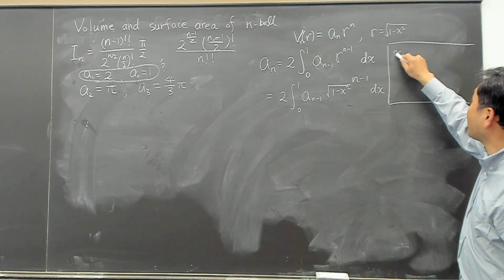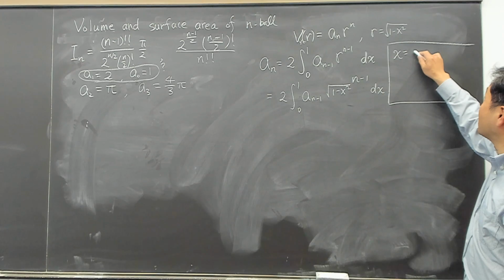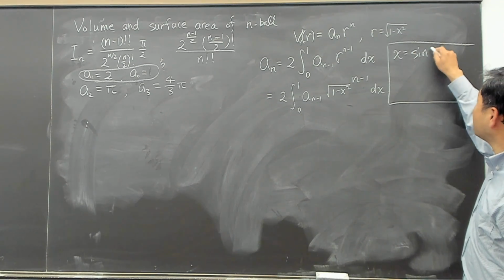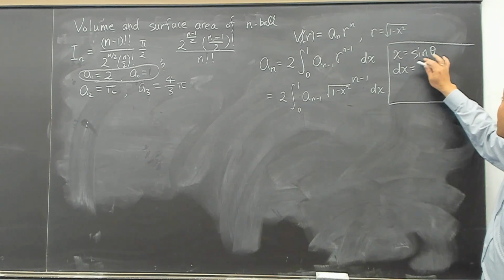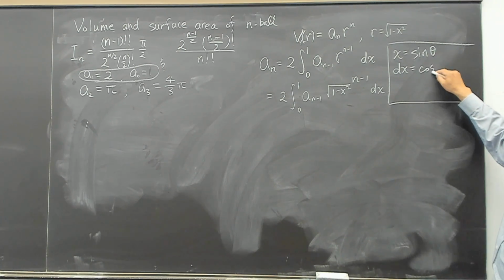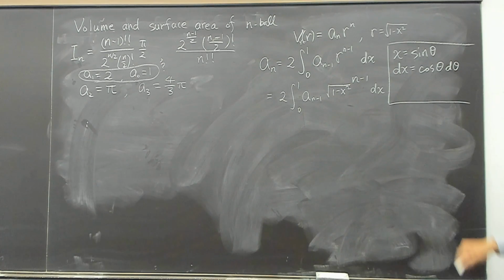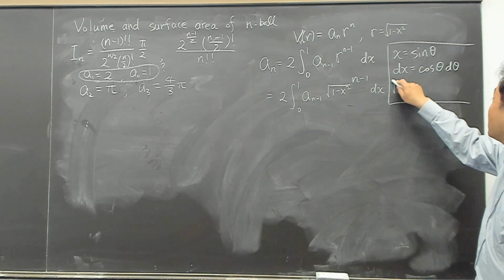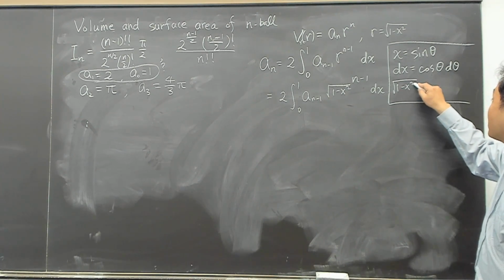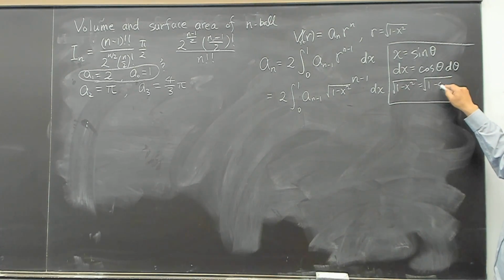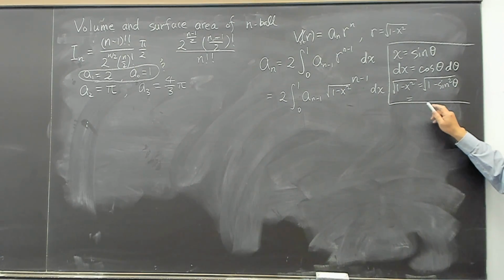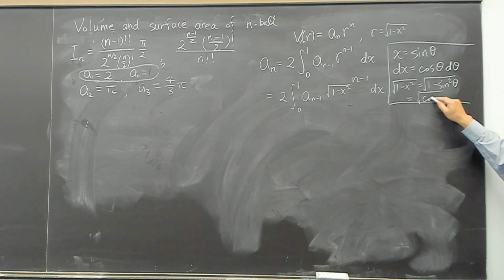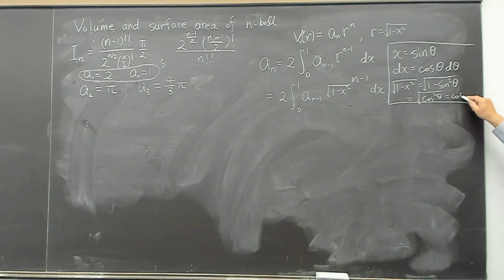We say x is equal to sine of theta, so that dx is going to be, if you differentiate sine, it's cosine, so it's like this. And also, if you have the square root of 1 minus x squared, that's the square root of 1 minus sine squared of theta. And that's the same as the square root of cosine squared of theta, which gives you cosine theta, okay?